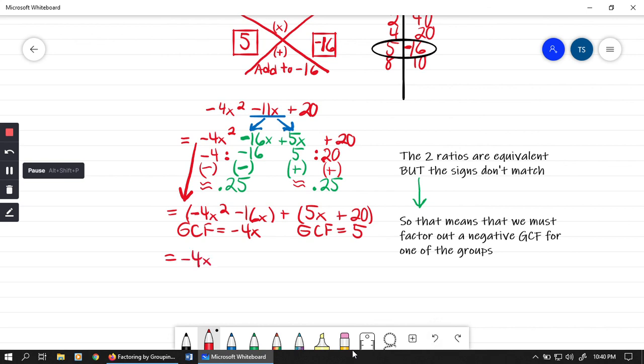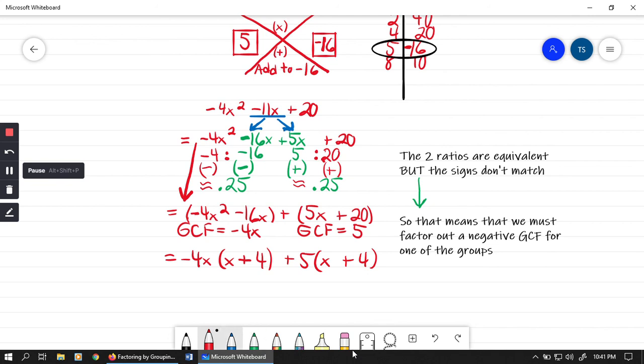Alright, and so when we factor out those GCFs, negative 4x on the outside, and what's left over is x plus 4. Then taking out the 5 as a common factor, we've got x plus 4 left over.